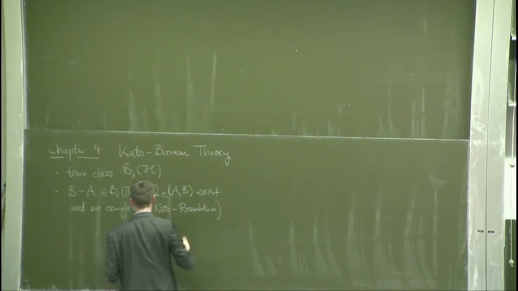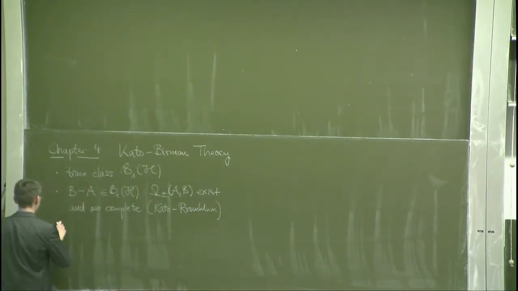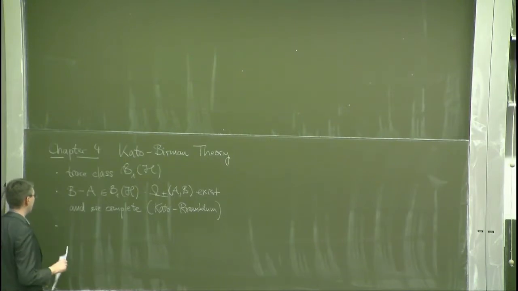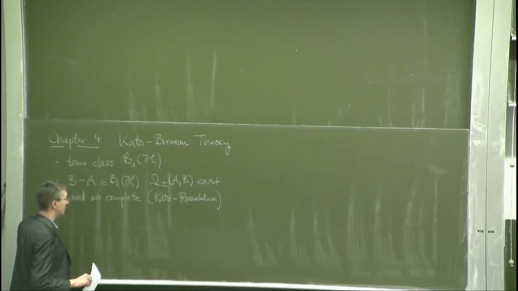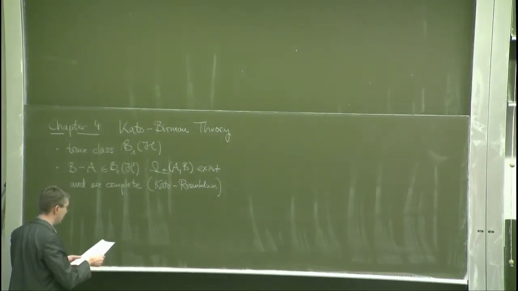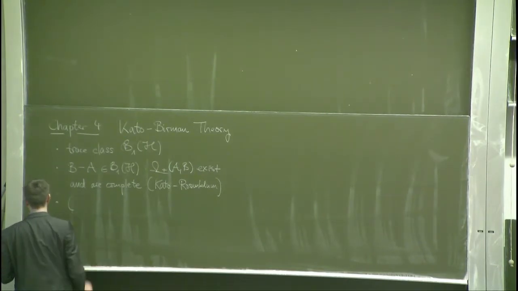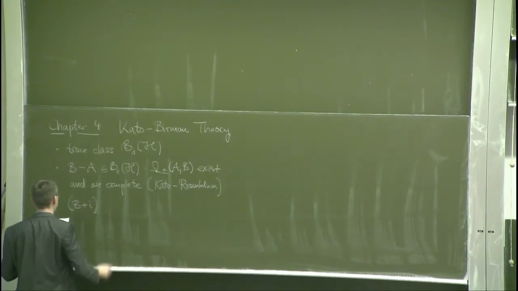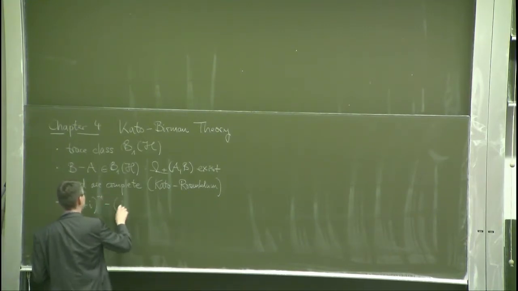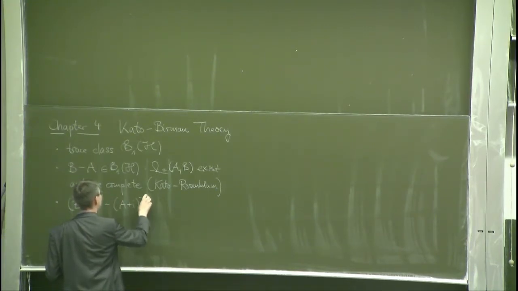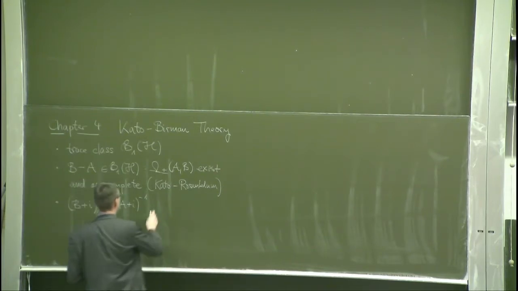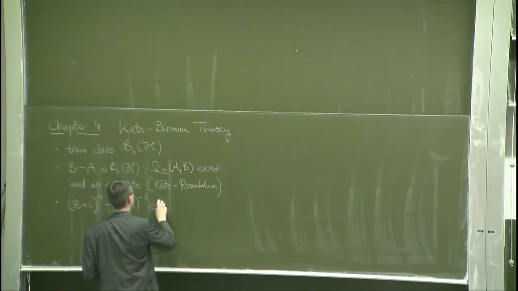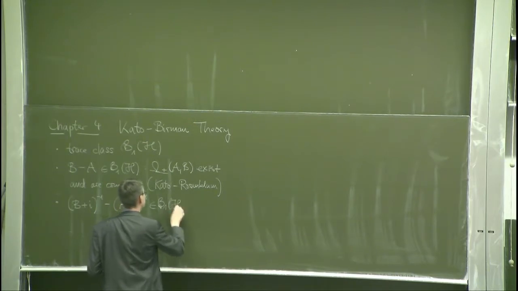Another theorem which is important for applications when you think of Schrödinger operators, for example: we will assume that the difference of the resolvents, so (B plus I) to the power of minus 1 minus (A plus I) to the power of minus 1, is trace class.